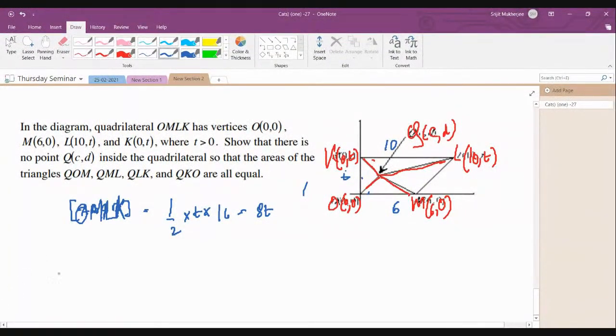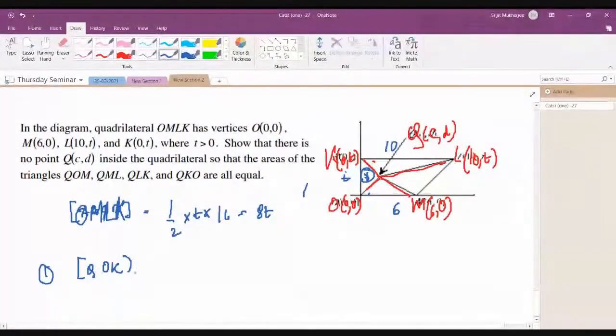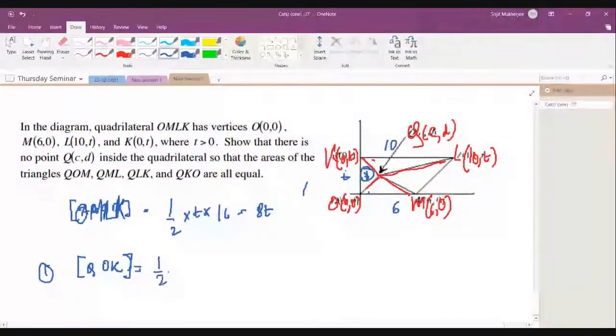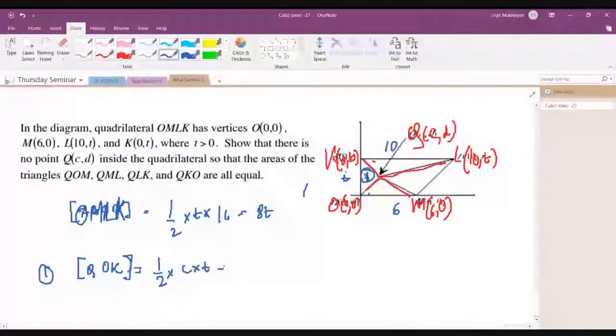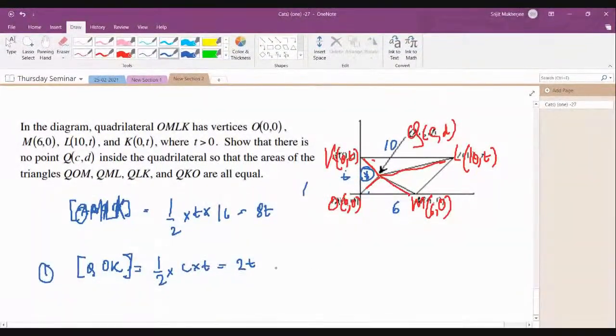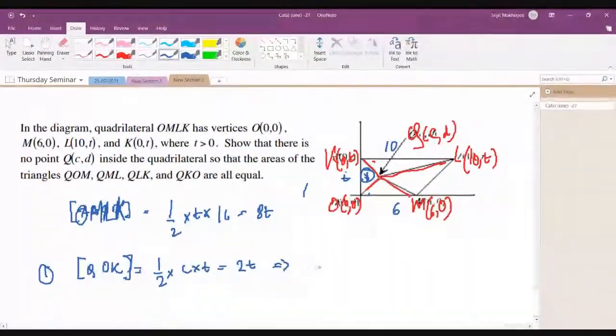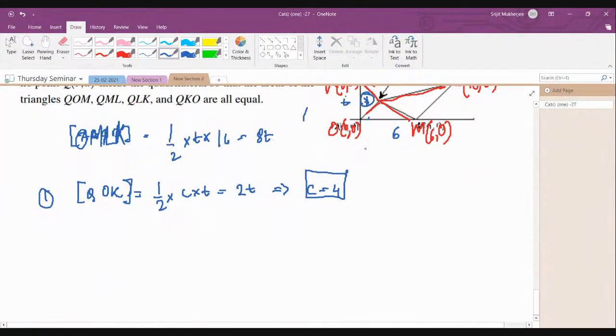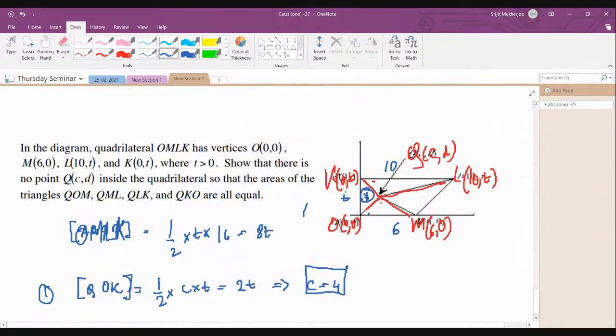So let's take the area of the triangle QOK. This is one set. QOK is half into the height C into T, which is equal to 2T. So we get that C must be equal to 4. Similarly, let's take the other triangle, triangle 2.